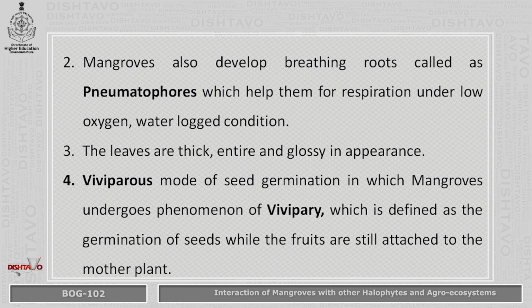The leaves are thick, entire and glossy in appearance. It also shows the viviparous mode of seed germination, in which mangroves undergo the phenomenon of vivipary, which is defined as the germination of seeds while the fruits are still attached to the mother plant.